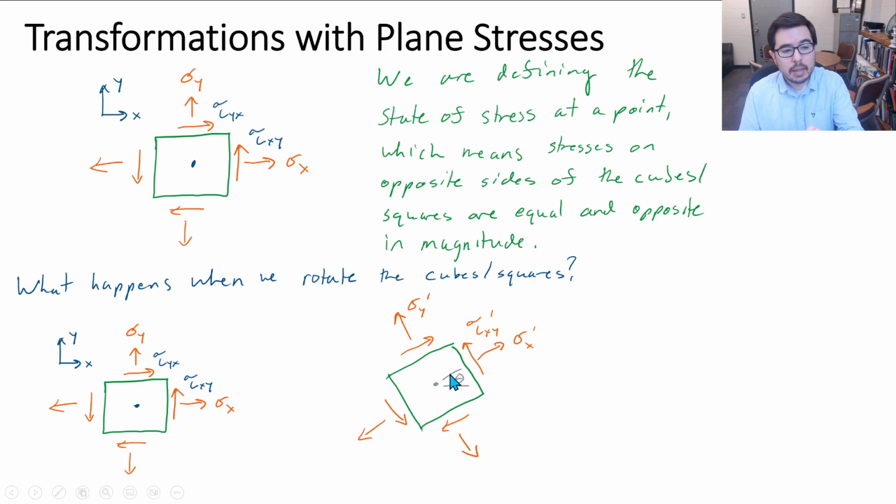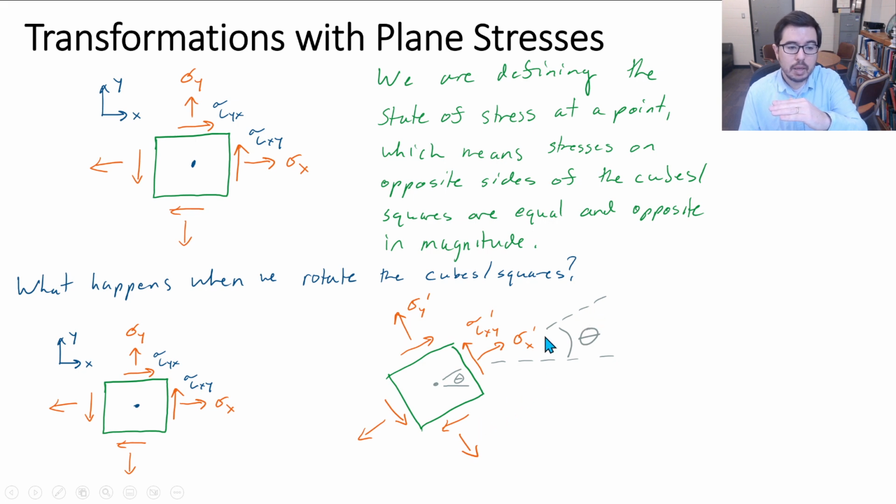But this is a rotation where what was sigma x has now been rotated to be sigma x prime. So this is essentially the x prime direction, and that angle in the middle of rotation can be thought of here. This would be the sigma x direction. This is the sigma x prime direction.